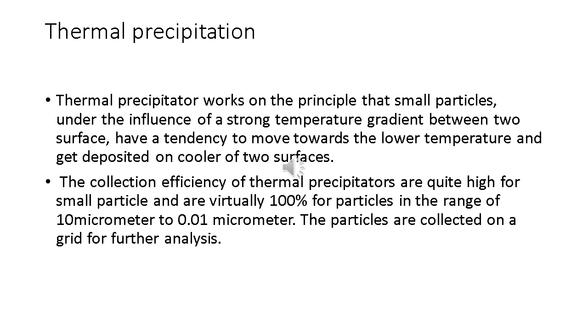The collection efficiency of the thermal precipitator is quite high for smaller particles, that is, particles ranging from 10 micrometer down to 0.01 micrometer. The particles are collected on a grid or thin microscope cover glass for later analysis.